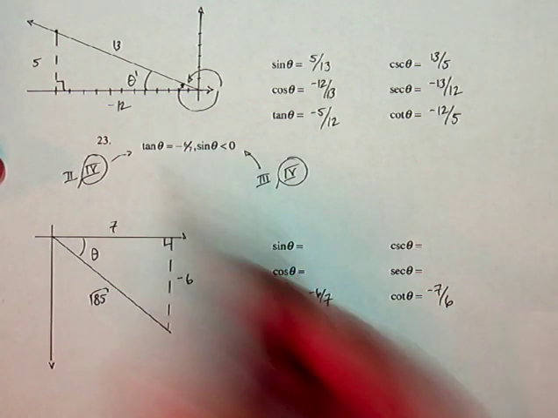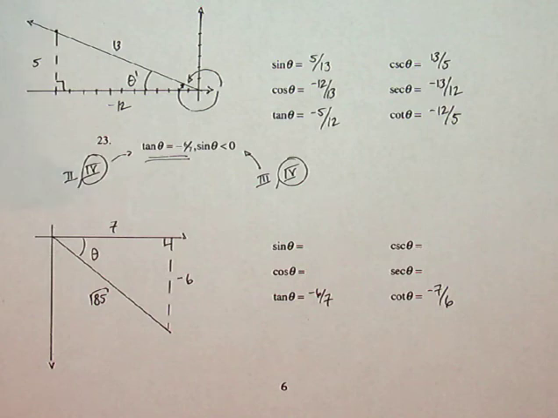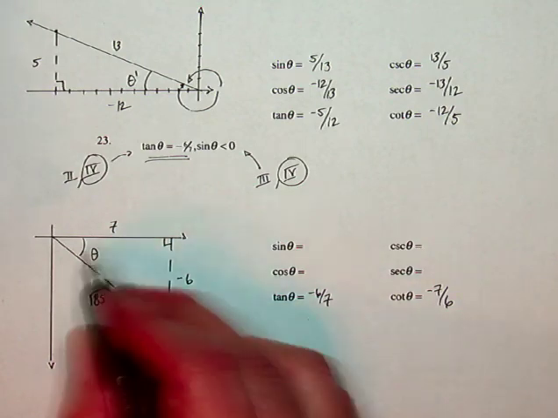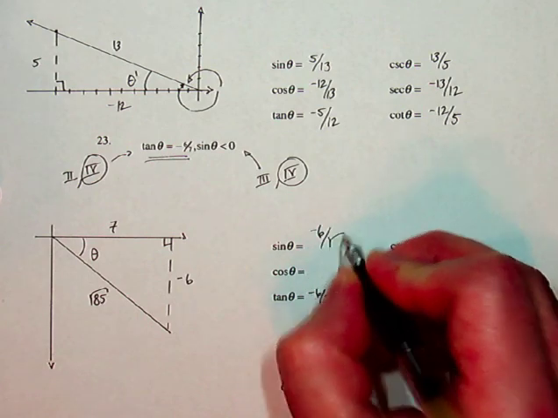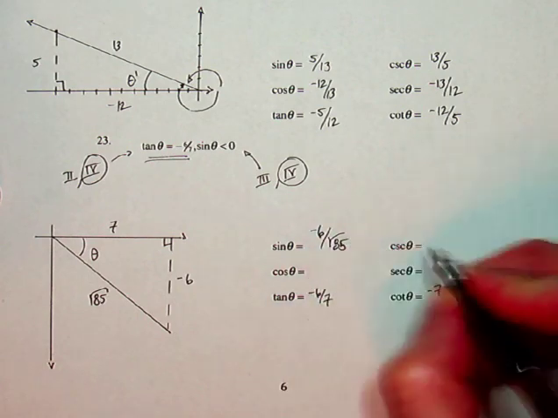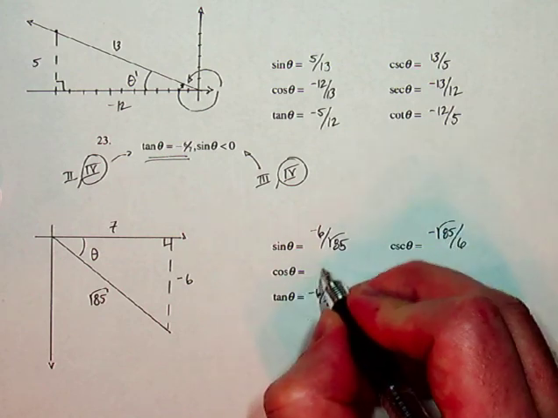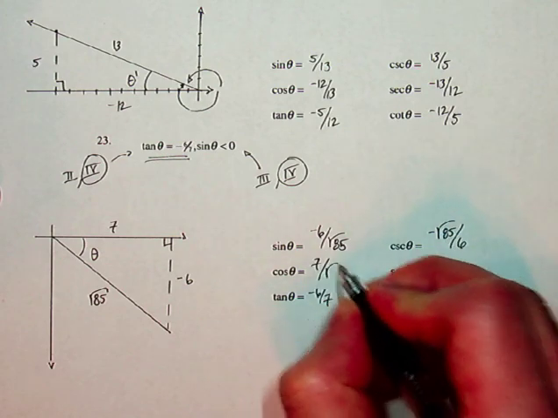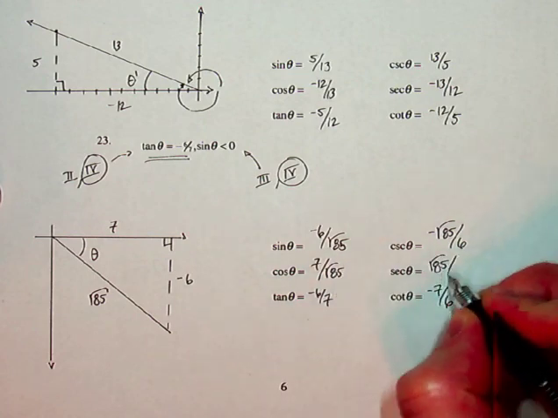Basically, this should be read from here lest you make a mistake, okay? Now let's go ahead and just read the rest of them off of here. It's going to be opposite over hypotenuse and hypotenuse over opposite. And this is going to be adjacent over hypotenuse and hypotenuse over adjacent.